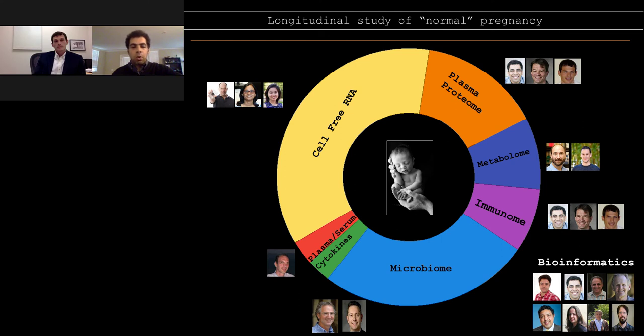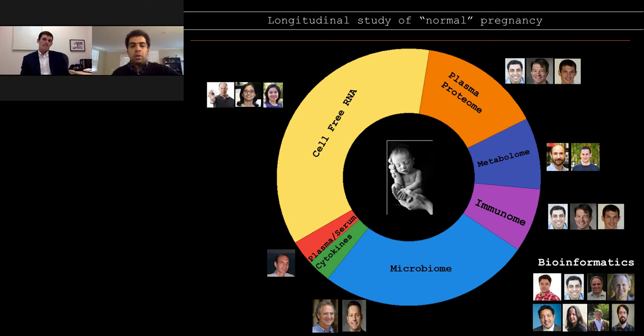So in the same cohort, we produced a larger data set. We have cell-free RNA from the Quake lab at Stanford. We have a plasma proteomics assay that we produced together with Martin and Brice.